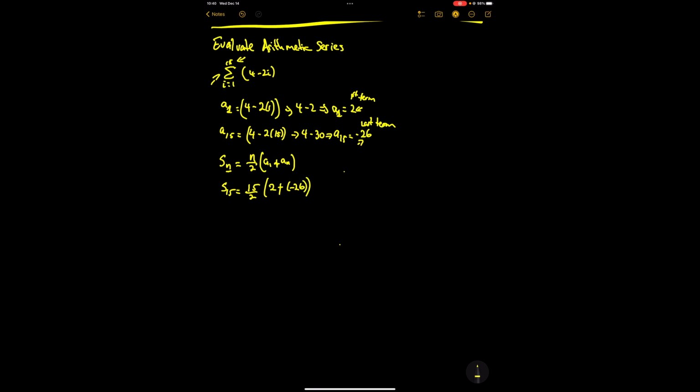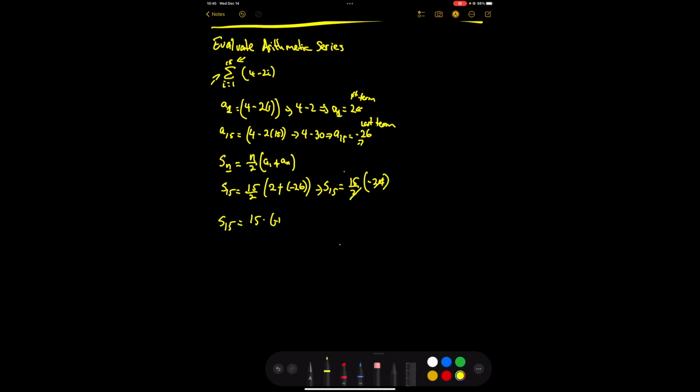So that means S15 is equal to 15 over 2 times, what is 2 minus 26? Negative 24. And so, can we divide 24 by 2? Yes. So that means S15 is equal to 15 times negative 12.